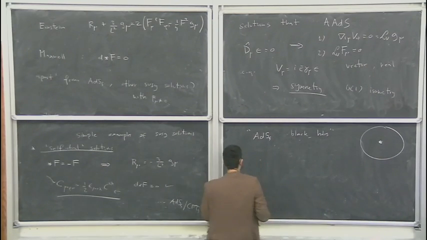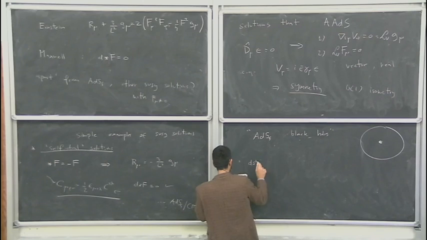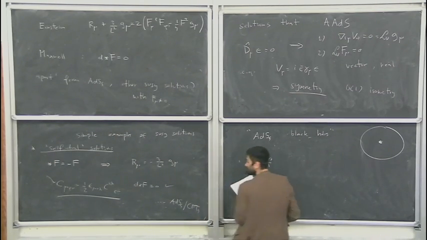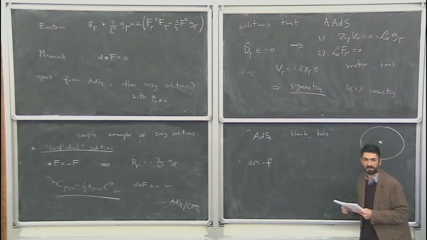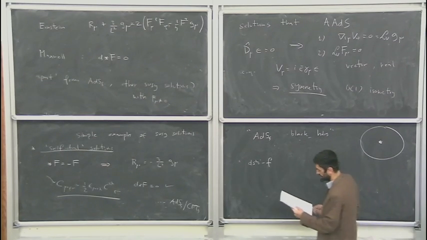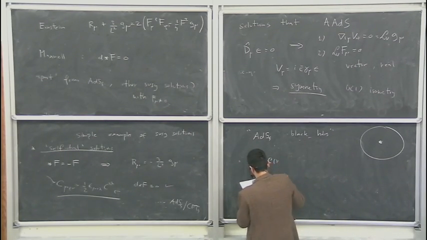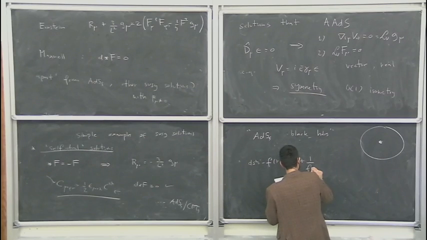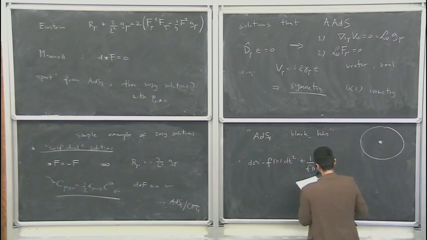So to make this completely concrete, I can write down simple examples. Let me write one very simple example, which relates to some physics that you probably have seen before. I can write a very humble line element in terms of a single non-trivial function of one variable r.